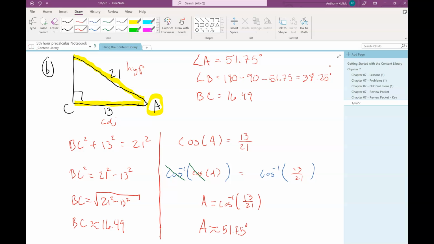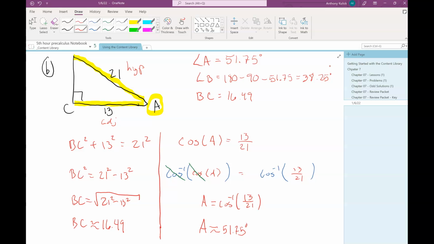So one of the things that maybe we remember from geometry, maybe we don't, but a fact that you could have talked about in geometry is that the side lengths and angle measures for any triangle are proportional. So that means that the biggest angle should be opposite the biggest side. The middle angle should be opposite the middle side, and the smallest angle should be opposite the smallest side.